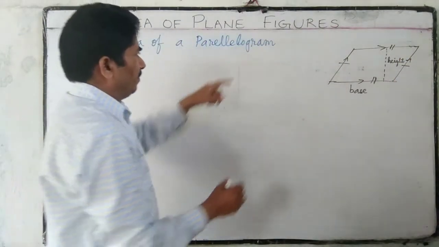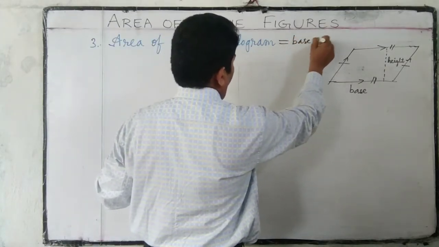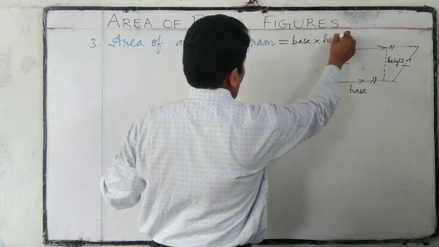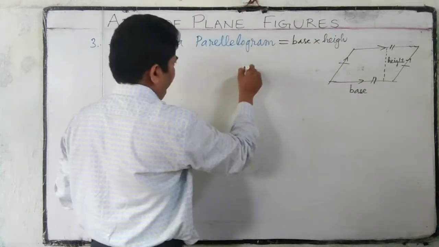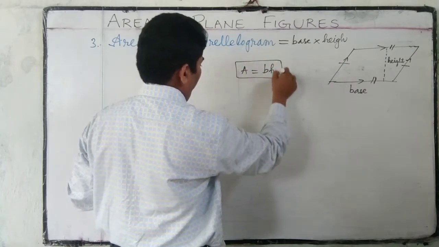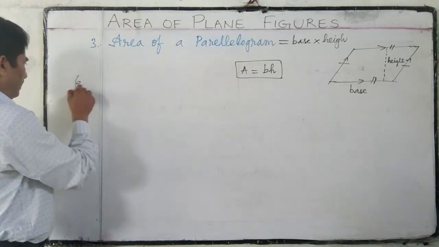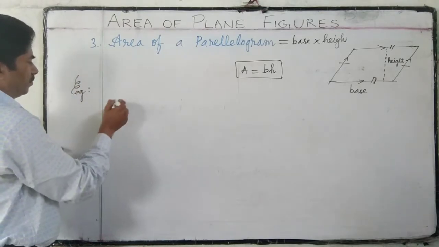Area of parallelogram is equal to base into height. That is A is equal to BH. This is the formula. Let us observe an example.